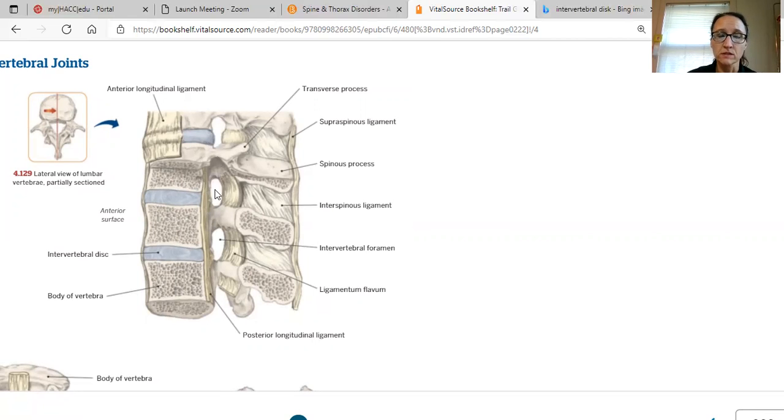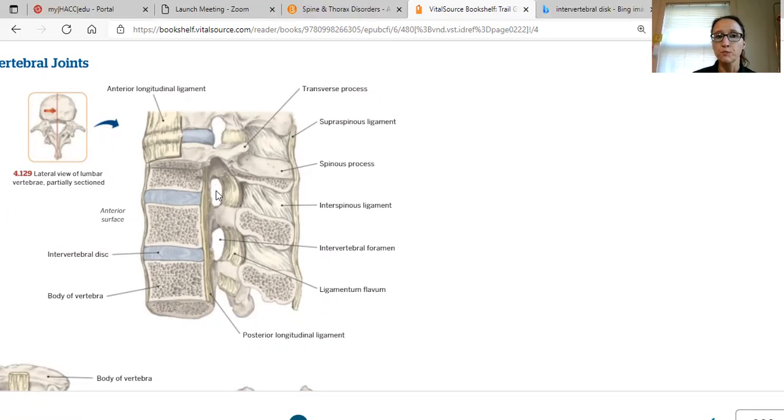These are the openings through which the vertebral nerves, the exiting spinal nerves, exit off of the spinal cord out through these holes, and then of course they go all over the body, and become smaller and smaller and finer until they reach their destinations.